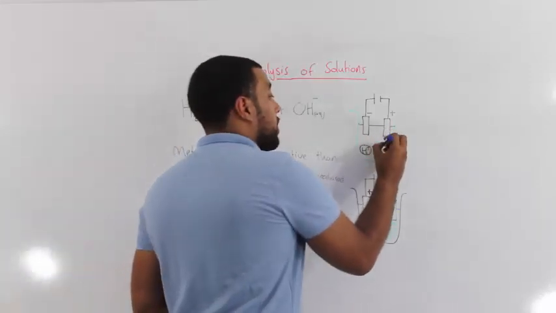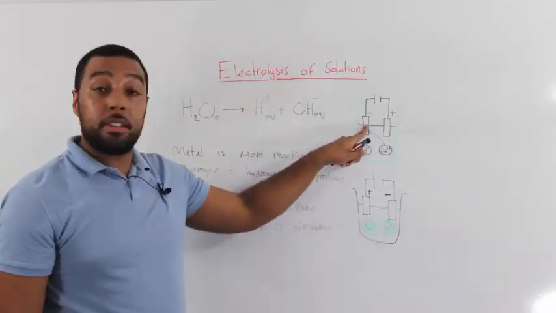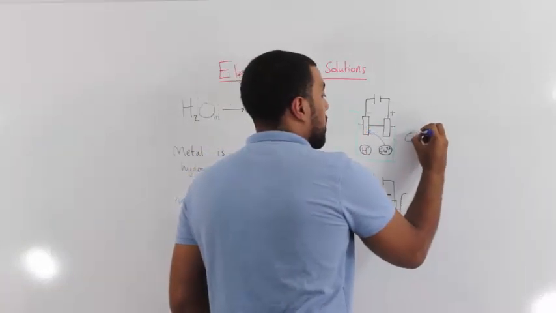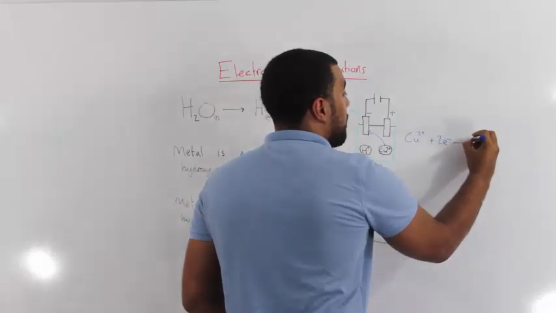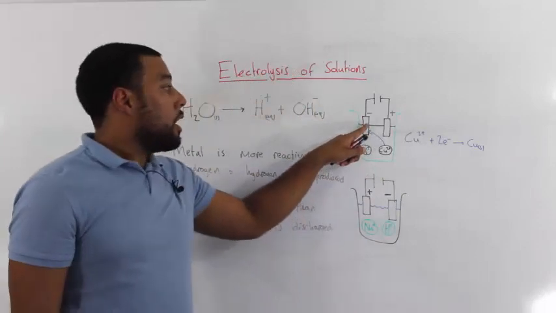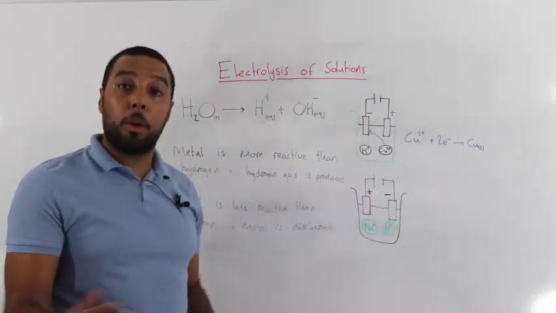So the copper will be discharged at this electrode. The copper ions will gain electrons to form copper atoms. And you'll start to see a reddish brown coating around this electrode as the copper's formed.